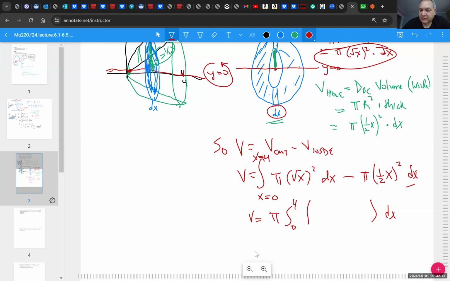And then, of course, they'll do square root of x squared is x, and 1/2 x all squared is 1/4 x squared. And that's how you would see it written out by a math person. That would be the two things subtracted times the width dx, integrated from 0 to 4, and then multiplied by pi because of our pi r squared formula. All right, you get all that?